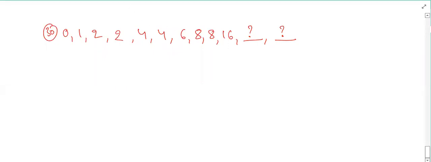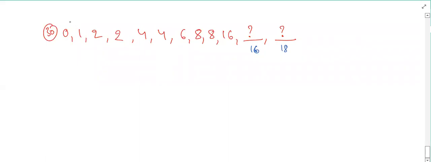Okay, tell the logic first. If your logic is correct, the answer will be automatically correct. How is it 16 and 18? Tell your logic. Sir, multiplied by 1 plus 1.